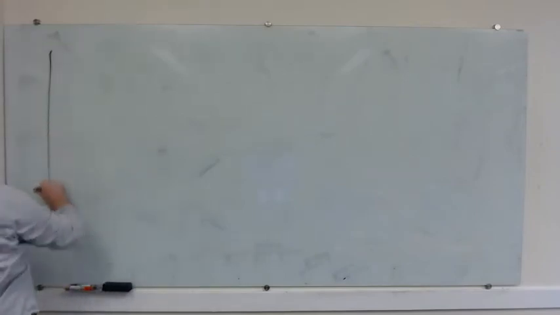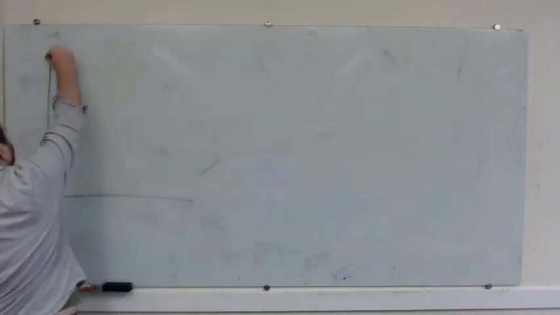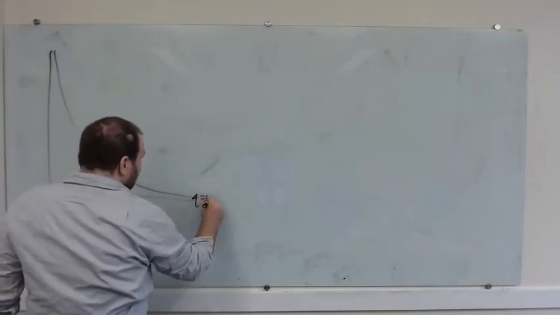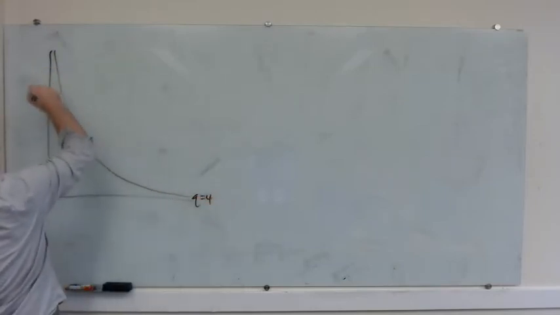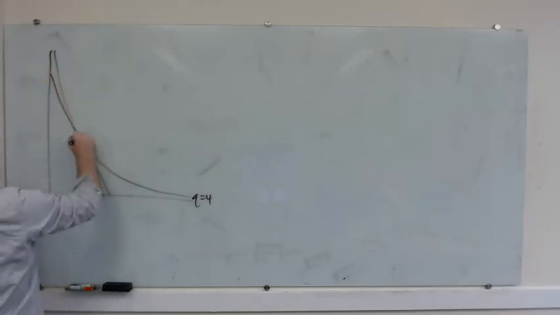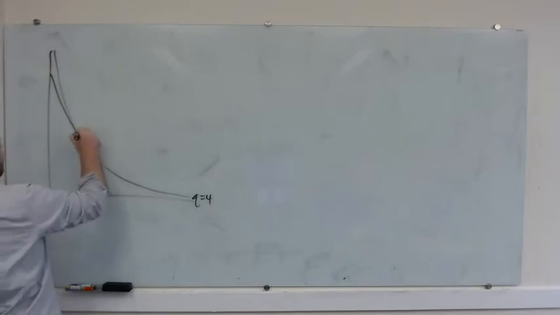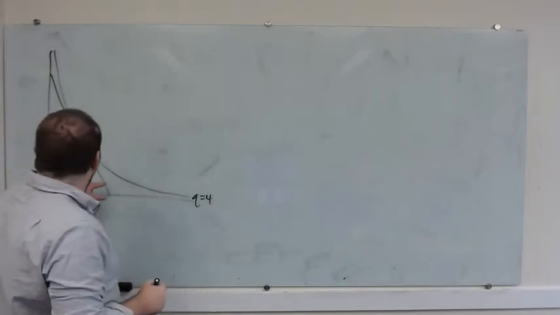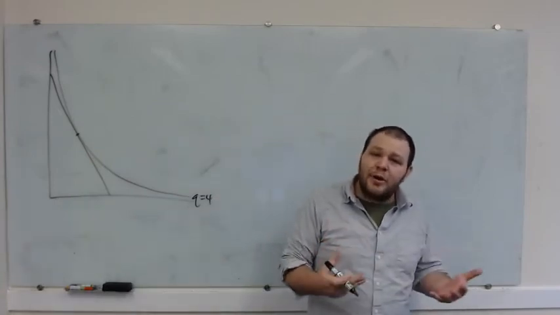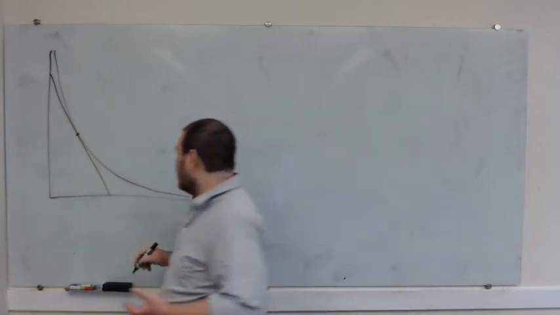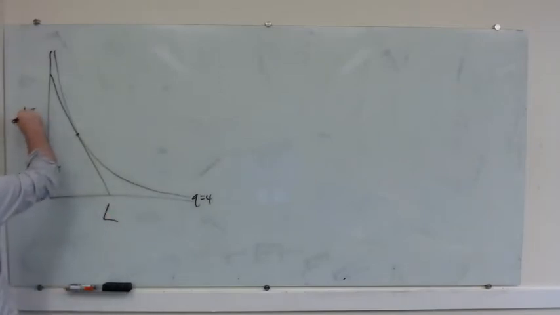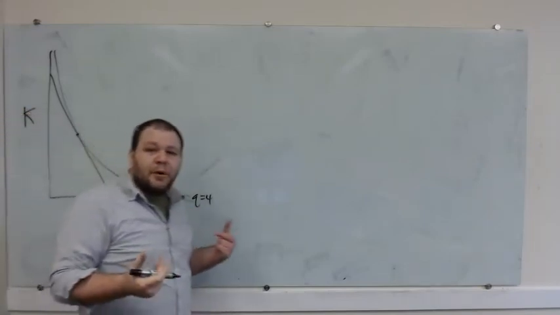Let's go back to the problem we started with, where we had a nice, beautiful isoquant like this, Q equals 4, and we had nice, beautiful isocost curves like this. We're looking for this optimal point, where the slope of our isoquant, in other words our MRTS, is equal to the ratio of wage to rental rate, and where we're producing 4 units of output.